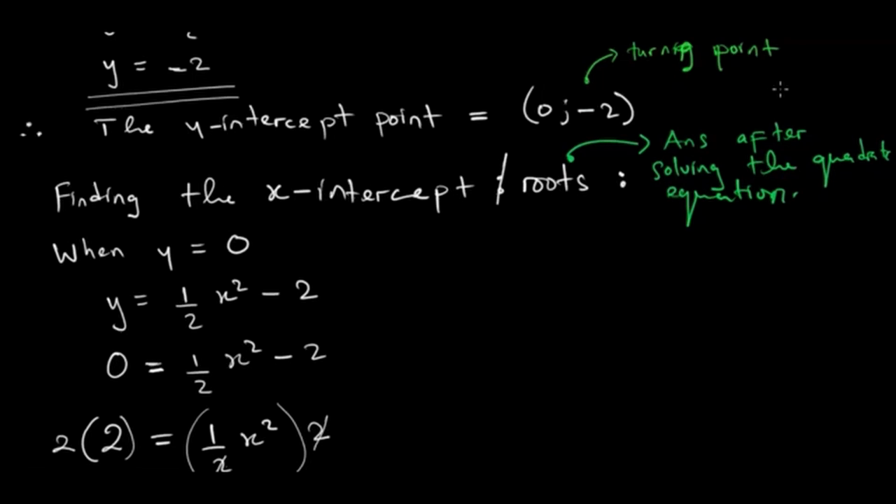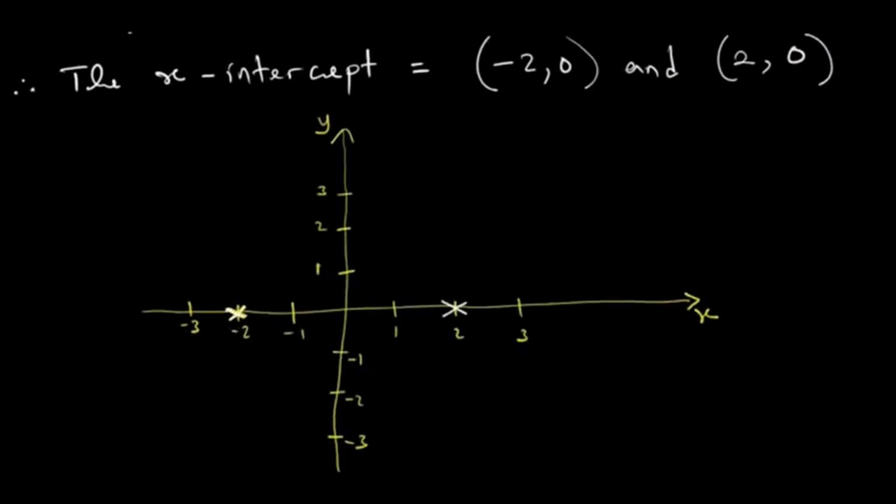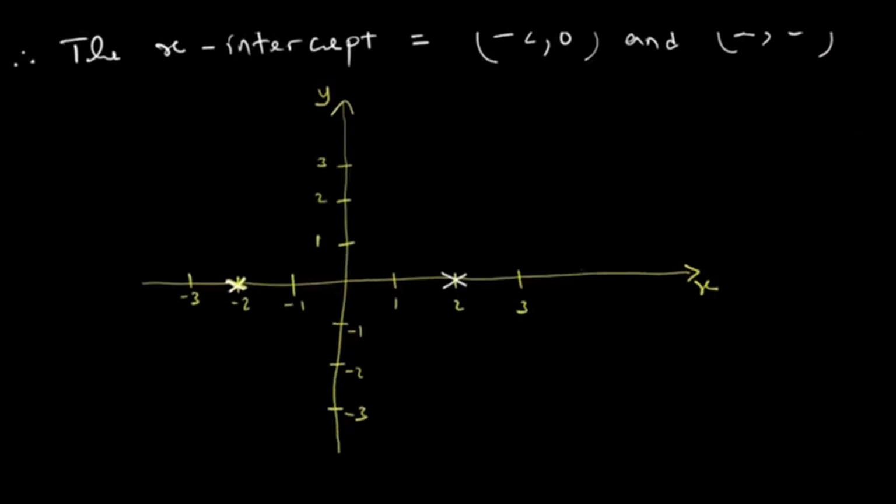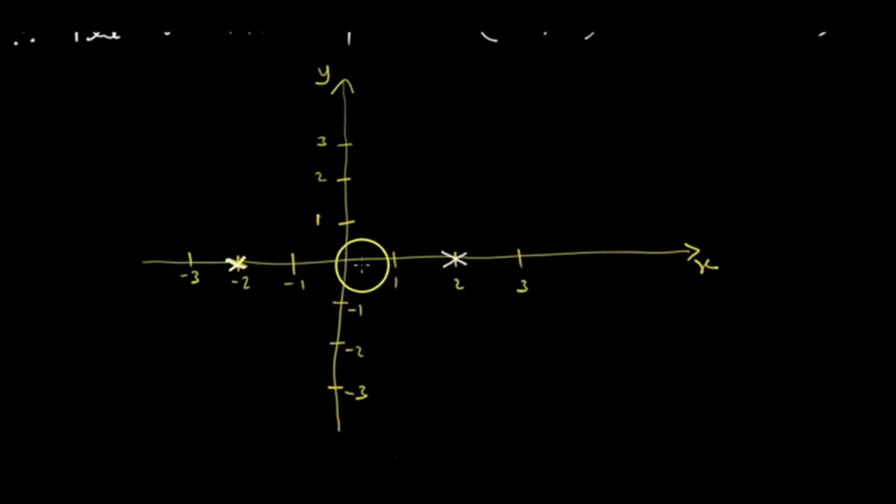Call it a U-turn if you want. And you are going to see it here. It says when x is equal to 0, y is equal to minus 2. So this is the point where x is 0 and y is minus 2, which is this point.